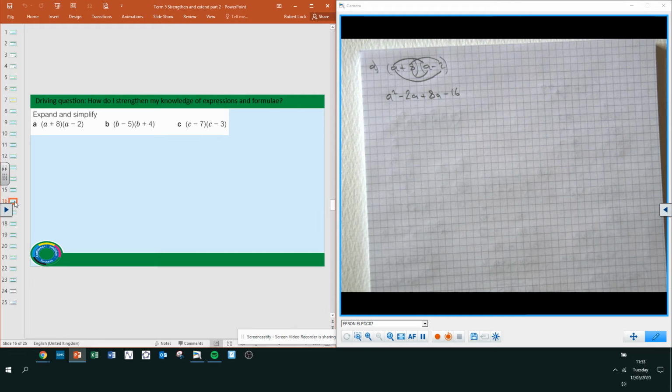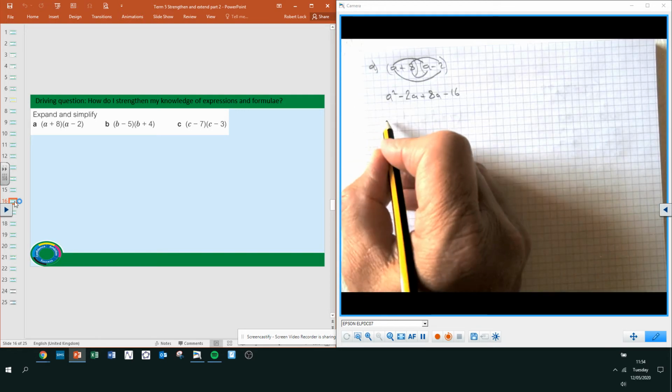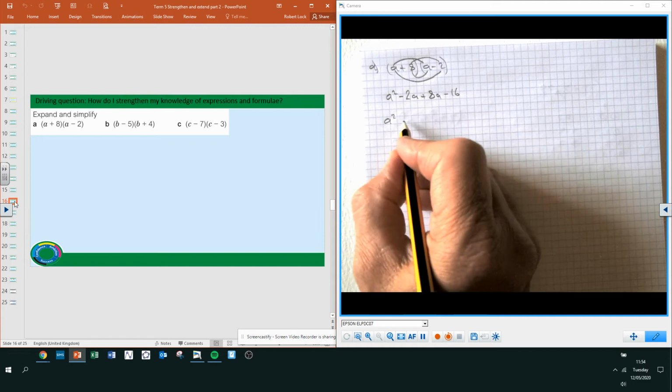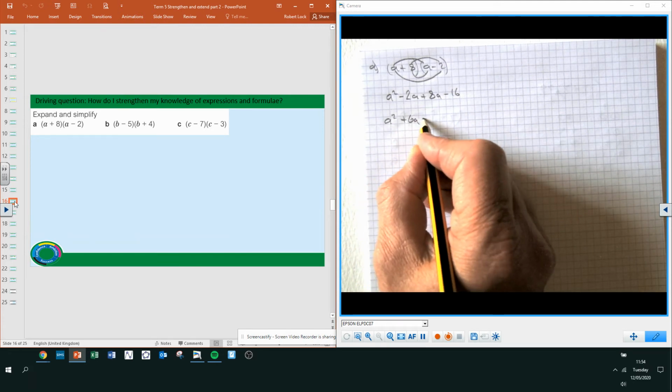The minus and plus, two signs different, answer's negative. So A squared minus 2A plus 8A, which is 6A, minus 16.